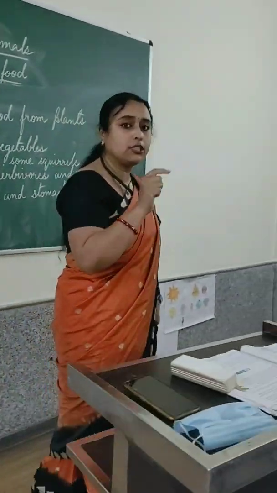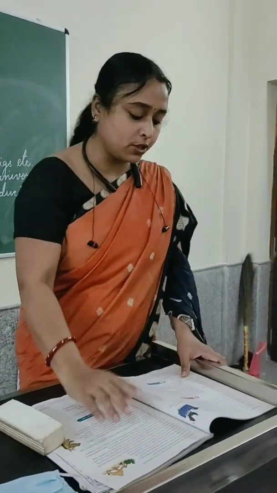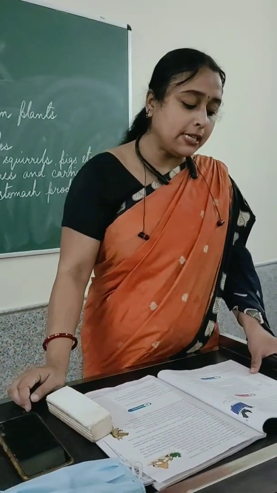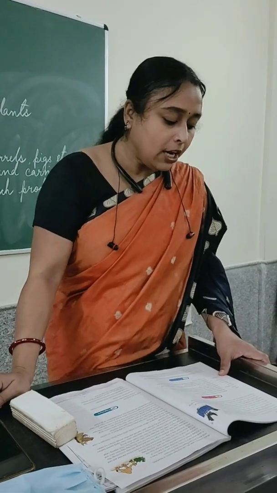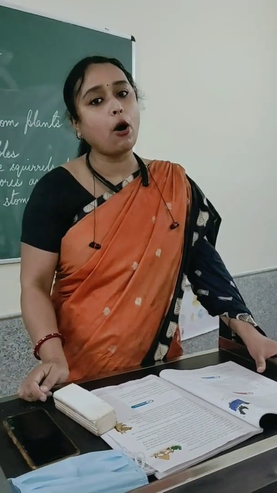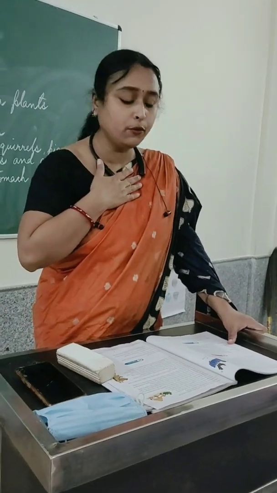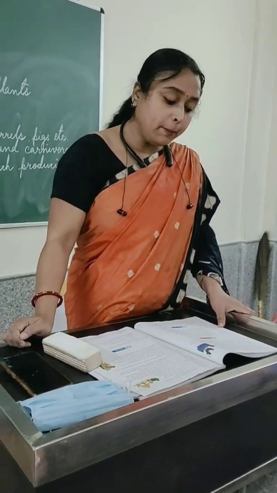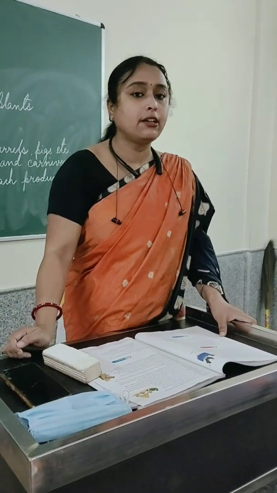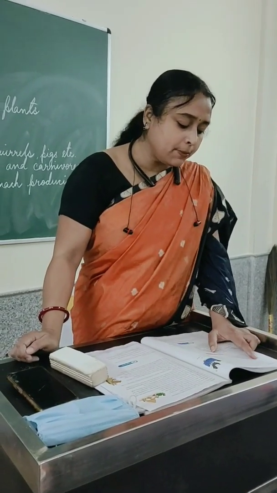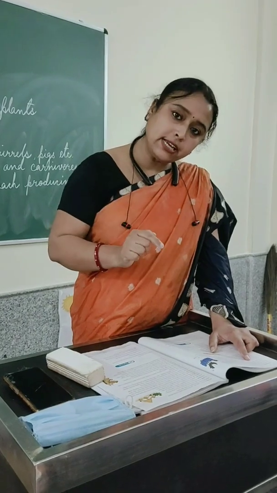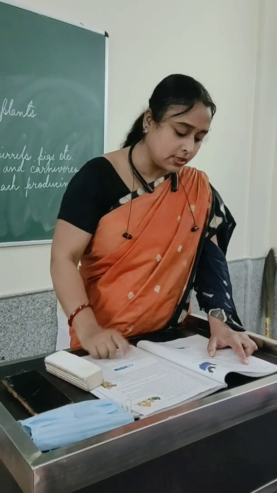Now I will read out the lines related to omnivores. Omnivores are animals that can digest food from plants as well as animals. Human beings, for example, are omnivores. That means we are omnivores. That does not mean that all human beings eat vegetables as well as meat. It just means that they can digest meat as well as vegetables.